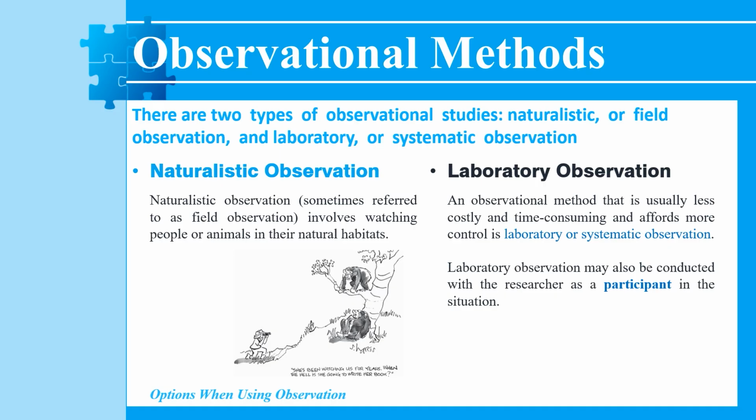For this reason, naturalistic observation has greater ecological validity than most other research methods. And ecological validity refers to the extent to which research can be generalized to real-life situations.